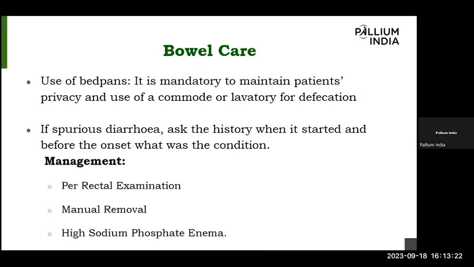From that part, the sodium phosphate enema will act, and it will help contract the mucosa from that part, so that somehow we can manage the fecal impaction. And you also have to think about stimulant laxatives and stool softener for the next few days. You can continue the stool softener and stimulant laxatives, and think about suppositories for the next few days.